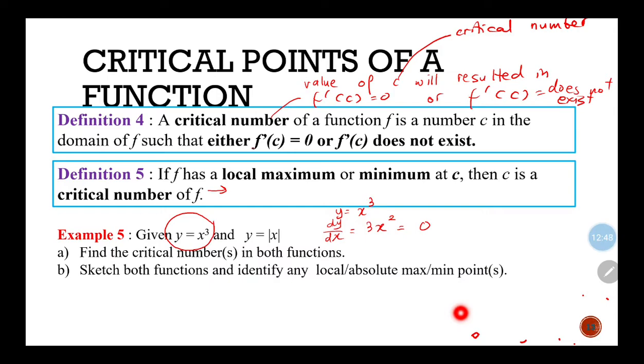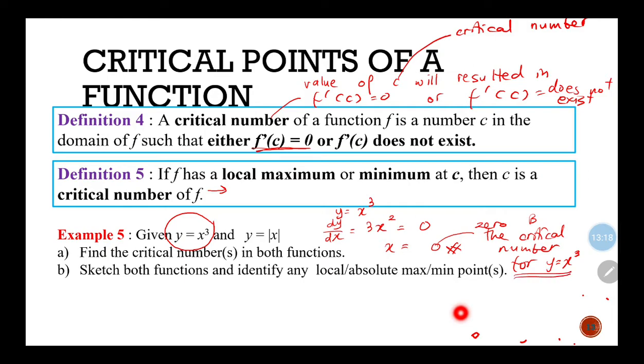So now x equals 0. So 0 is the critical number for y equals x cube. Okay, so this is the answer.